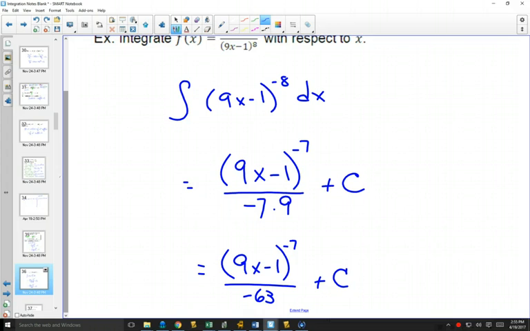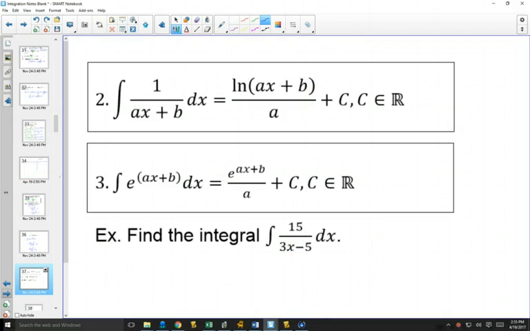So just like we can do the power rule, we can now add logarithms, exponential functions. We'll do an example of those, and then we'll add sine and cos as well. Find the integral of this. Now, this is where I think with the ax plus b and the natural log, things get tricky because they really get hidden well.